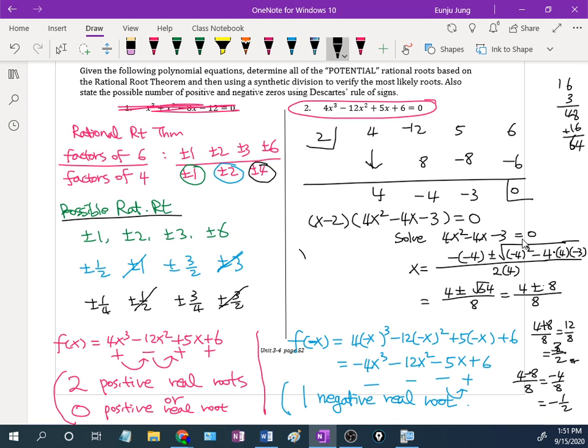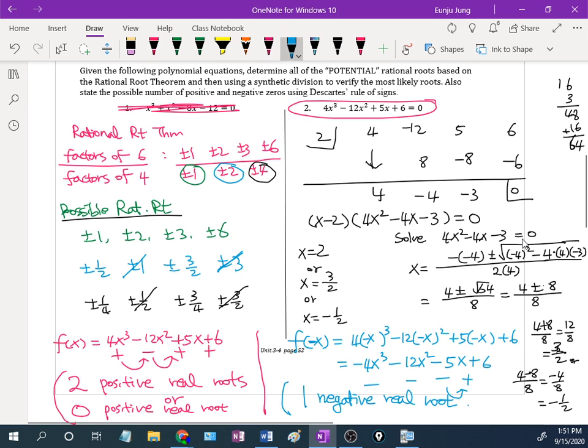So the solutions we can find are 2 from the first factor, or from the quadratic factor we have 3 halves, or we will have negative 1/2. Right? So we got 3 solutions for this degree 3 equation.